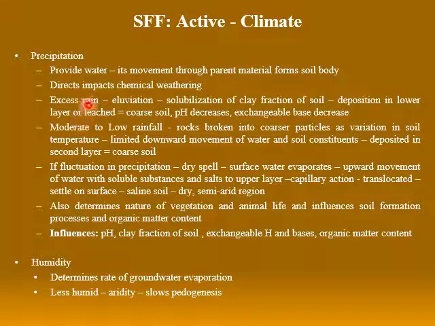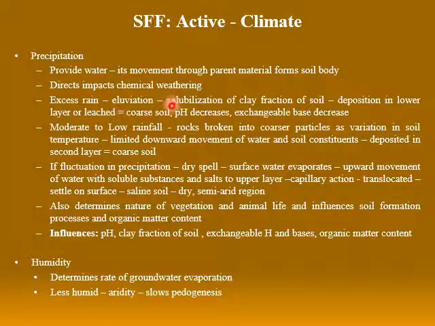If there is an excess rainfall, then this will lead to alluviation, because the soluble clay fraction in the upper portion of the soil will be solubilized and deposited by transportation into the lower layers. If there is very excessive rain, it will be leached out completely from the soil profile.